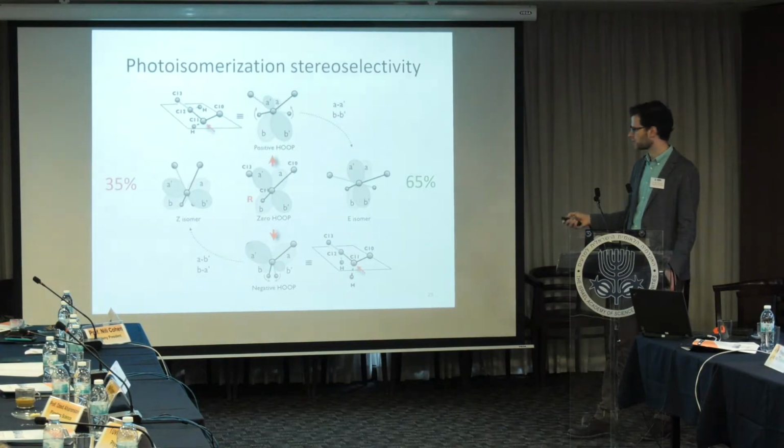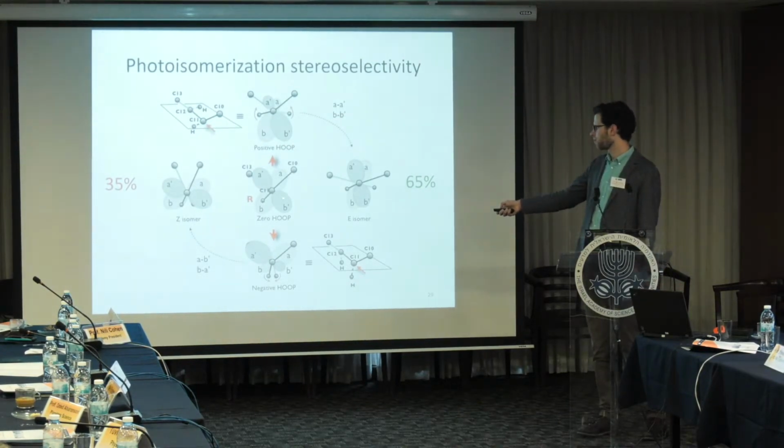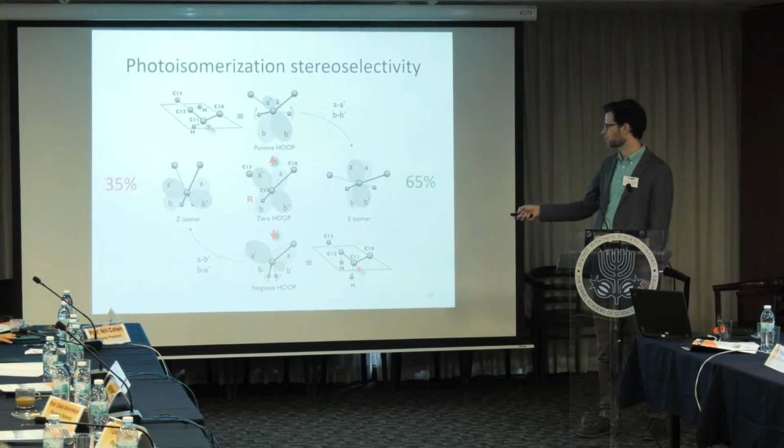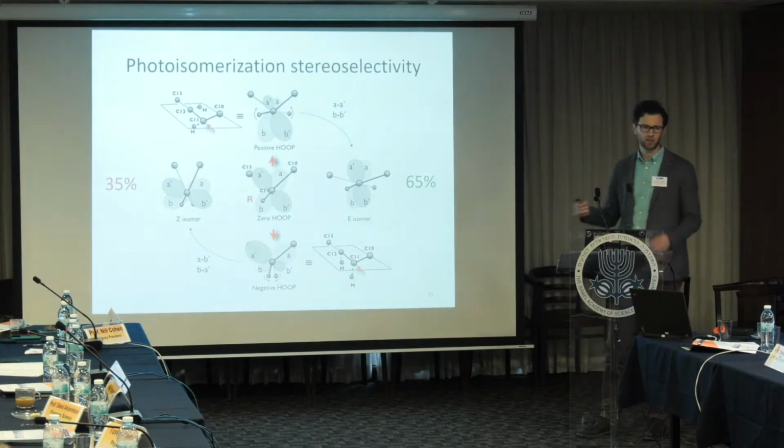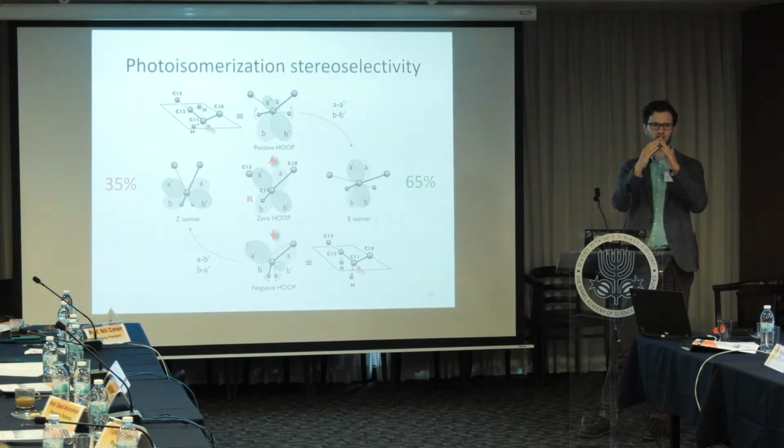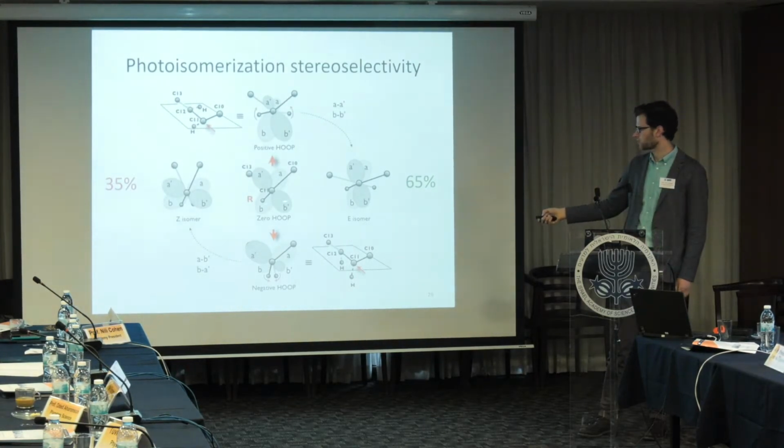And what they found is if both hydrogens are replaced with deuterium, then the ratio remains the same, because both hydrogens are replaced with equally heavy atoms, and the symmetry of this hydrogen out of plane mode is maintained.